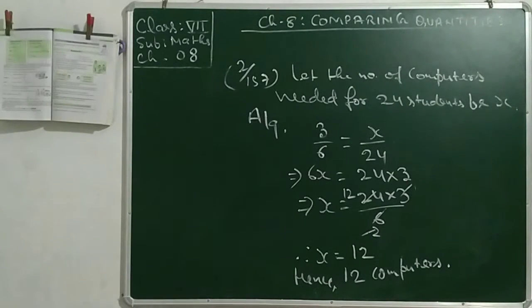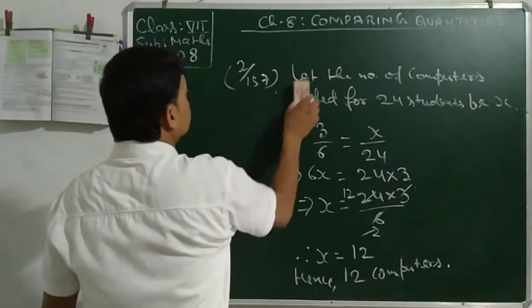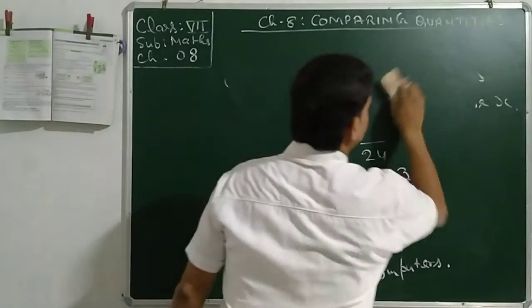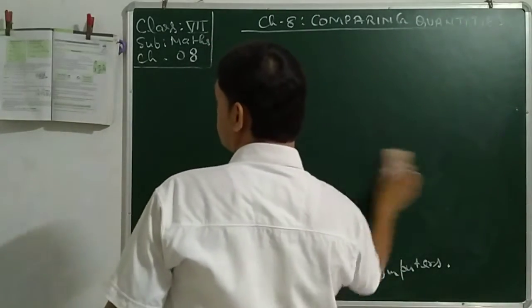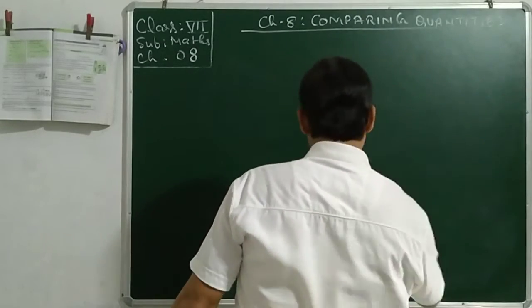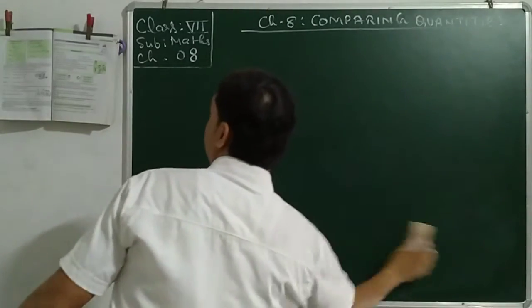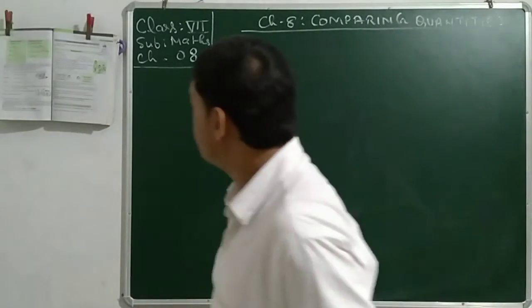Come to the third sum now. There are 2 parts in 3 number sum. In the 3 number, population of Rajasthan and UP are given there. After that, area of Rajasthan and UP are also given.